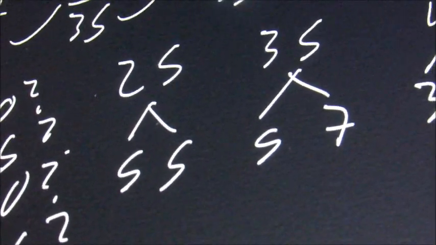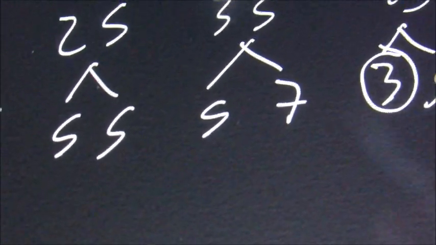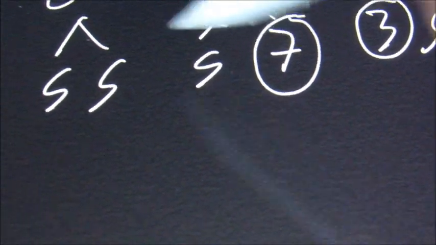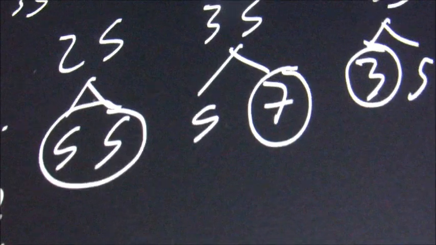So now we're going to find our number here. So here, 3 only exists once. 7 only exists once. 5 is in all 3 of them, but here it's 2 times, so we have to use it both times.